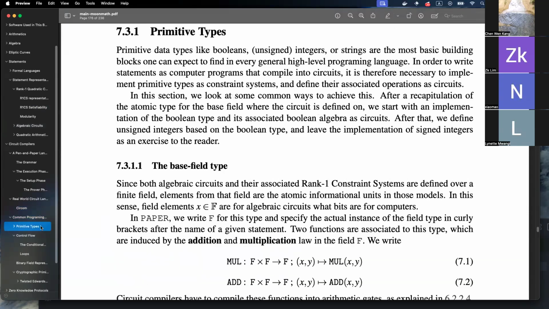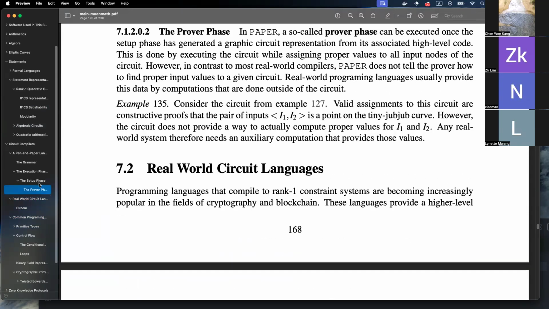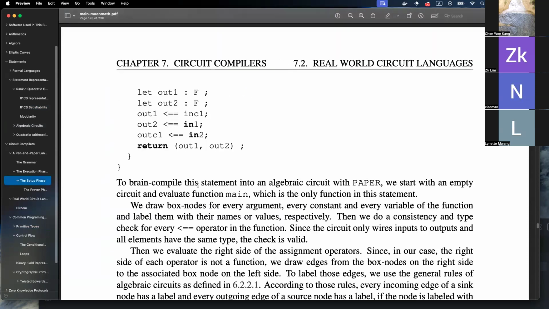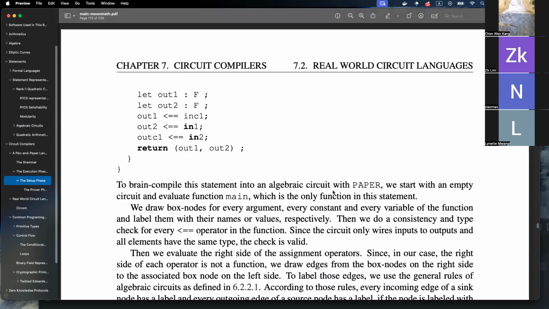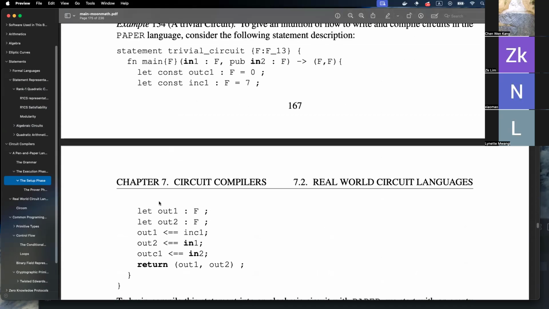Anyways, there we go. So that's the setup phase, and that's why in the end we see this, right? And this is converted into an R1CS. You can convert this into an R1CS, which is A times B minus C. This does not have any minus, but you can evaluate it line by line.